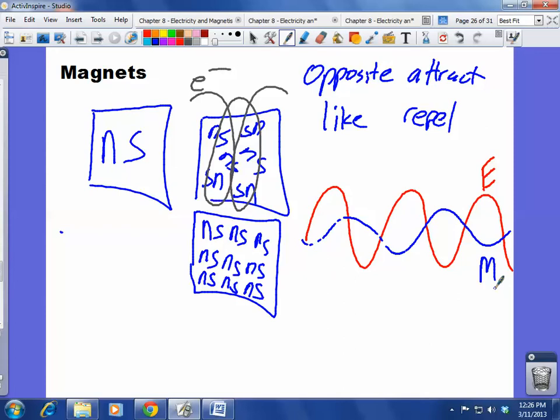In an everyday sense, I need to figure out how I'm going to use this magnet to create electricity.